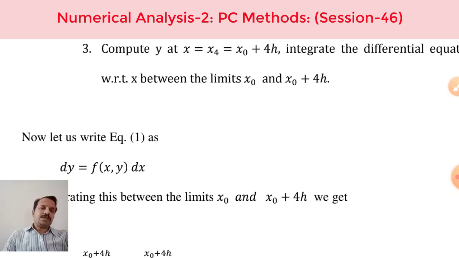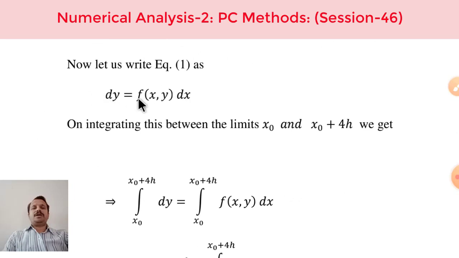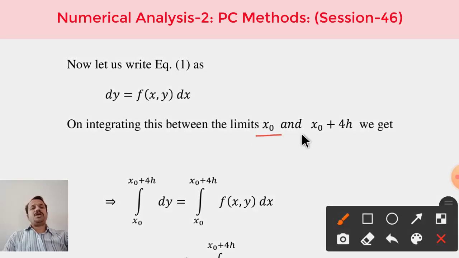Now the given differential equation dy by dx has been written by separating the symbol dx to this side. Now integrate between the limits, this is very important, x0 to x0 plus 4h, because we are intended to evaluate at the point x4.